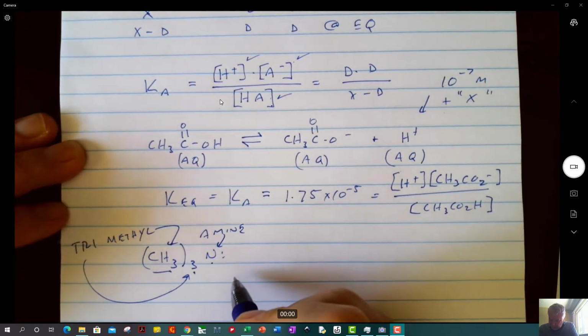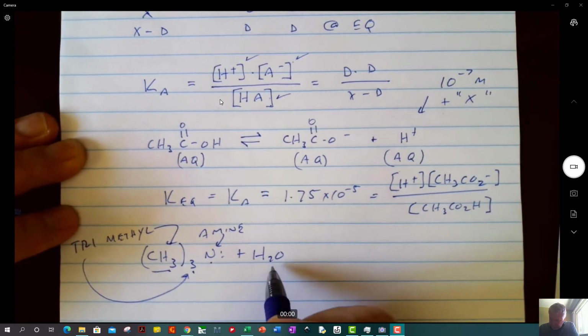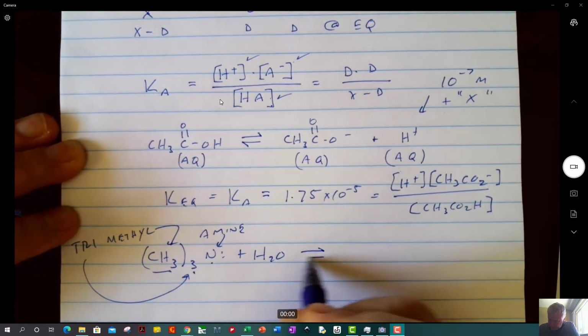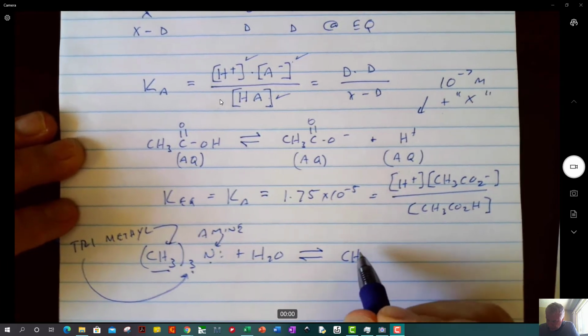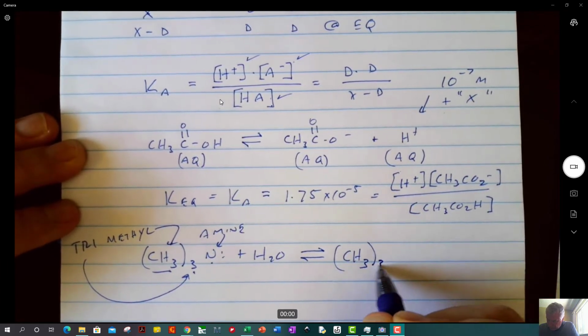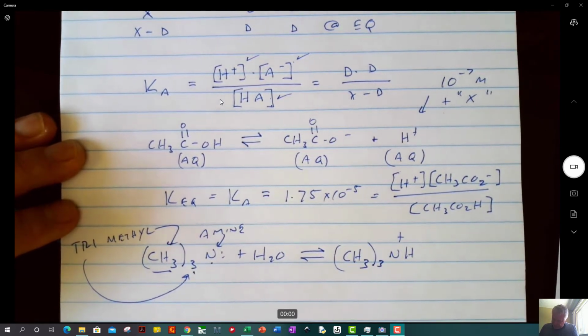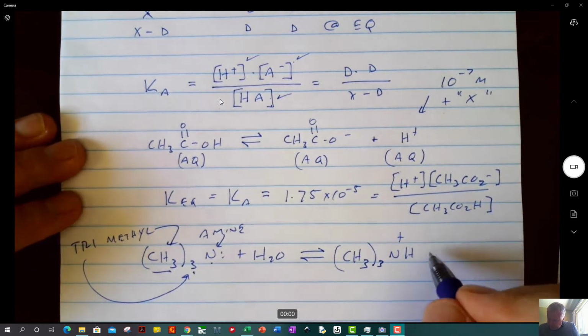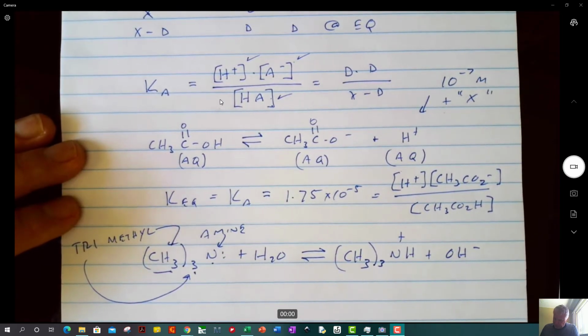Right? And trimethylamine, if you add it to water, you can say plus H2O will make (CH3)3NH+ plus OH-, right?